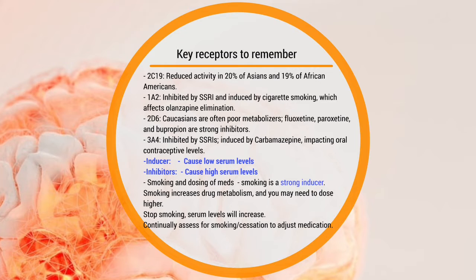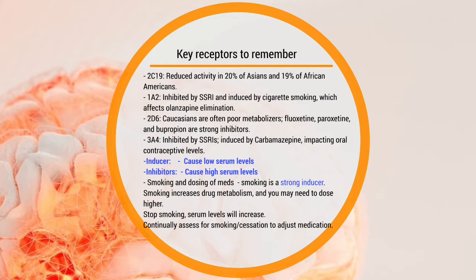You have 2D6, where Caucasian folks are often poor metabolizers, and fluoxetine, your Prozac, paroxetine, and bupropion are strong inhibitors there. 3A4 is inhibited by SSRIs, and induced by clozapine, impacting oral contraceptive levels.